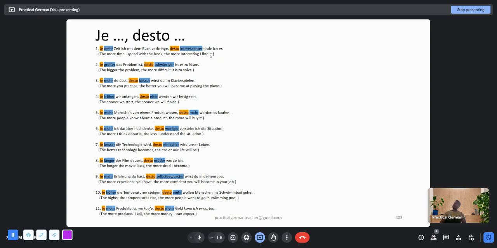Je größer, desto schwieriger. Je mehr, desto besser. Je früher, desto eher. Je mehr, desto weniger. Je besser, desto einfacher. Je länger, desto milder. Je mehr, desto selbstbewusster.